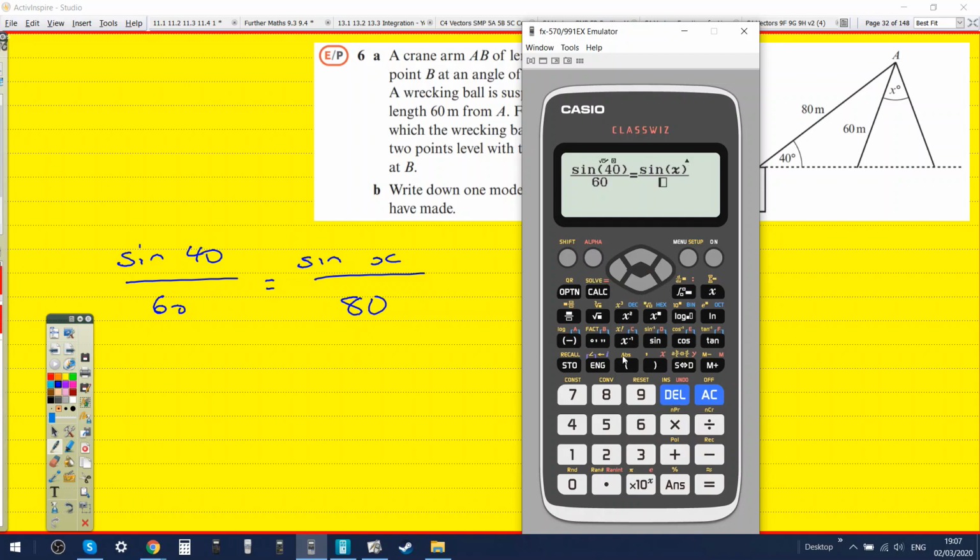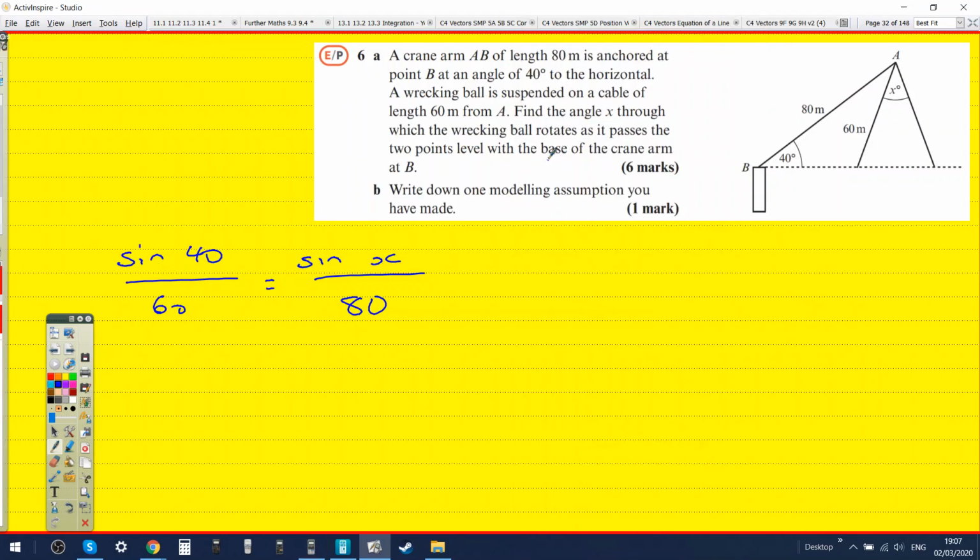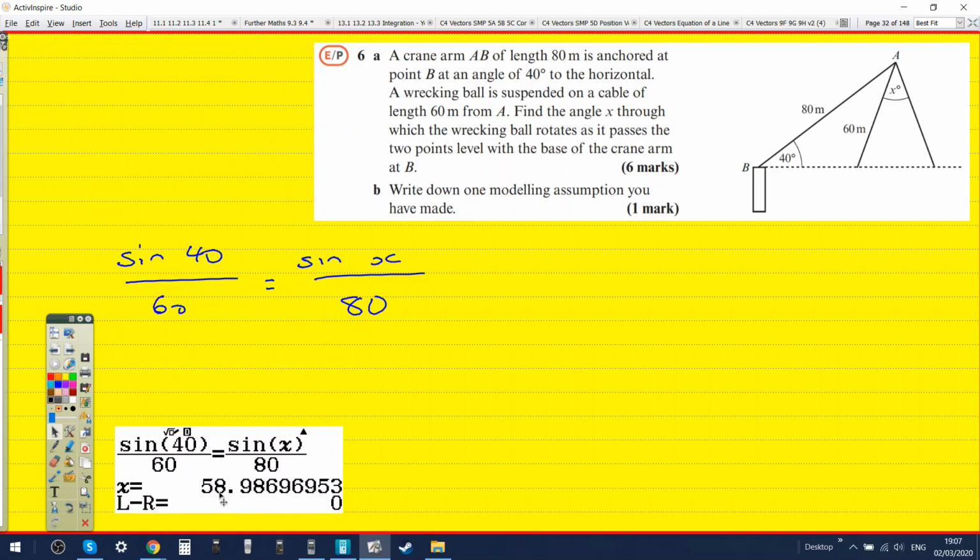So it seems like it worked out all right. And so now we've got that angle.